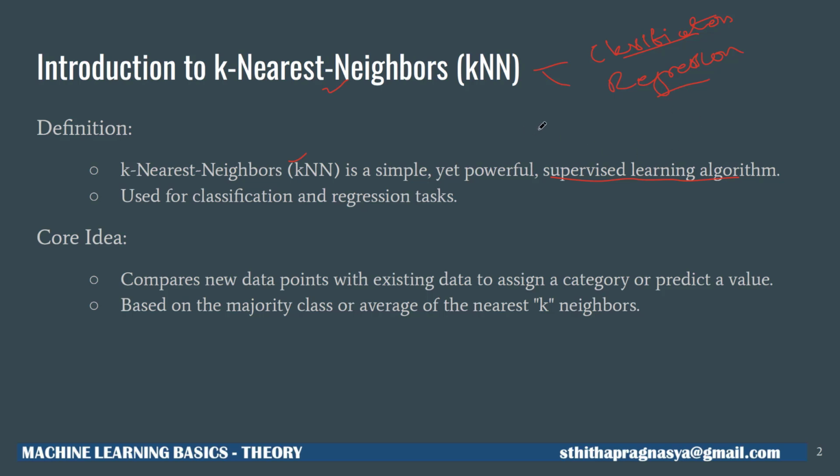If somebody asks, is it supervised or unsupervised? You will say it is a supervised algorithm. And this is used for what? Classification and regression. It works by comparing a new data point with existing data points, which is nothing but our training data, and assigning a category or predicting a value based on the majority class or average of the nearest k neighbors. So that's the core idea.